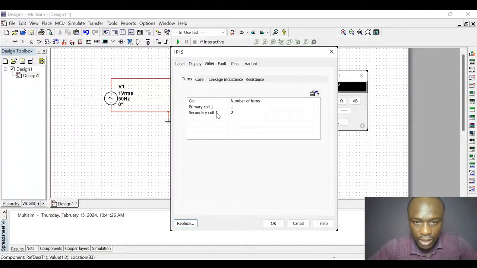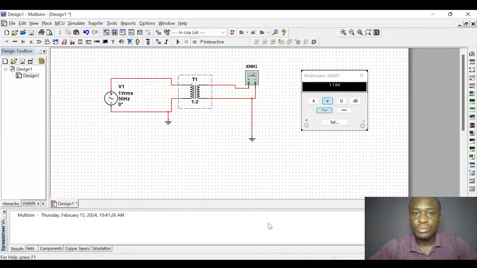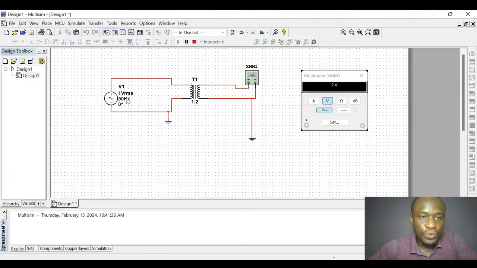Secondary coil, number of turns, 2. If I run this simulation, we are going to have 2 volts at the output.